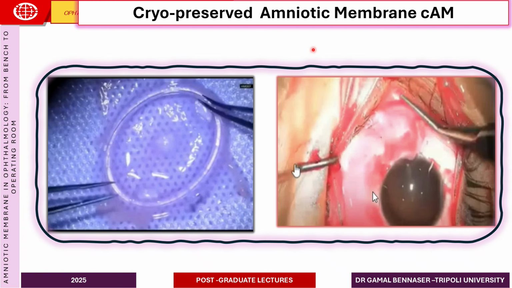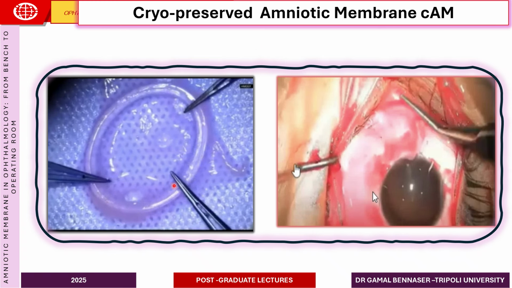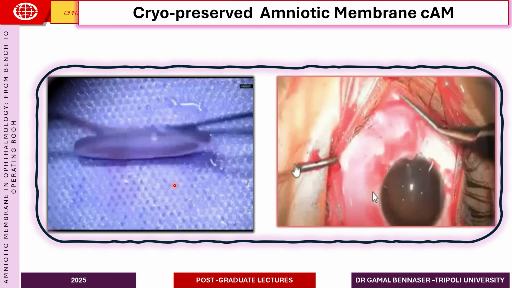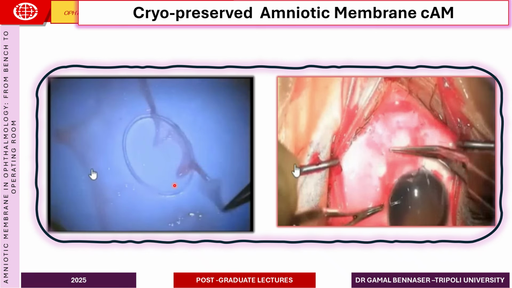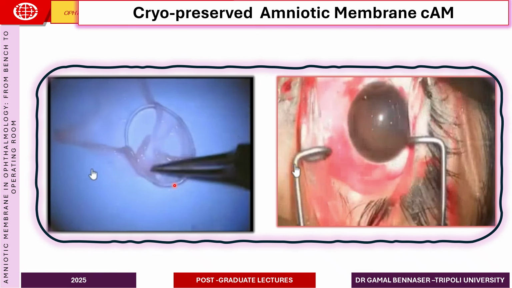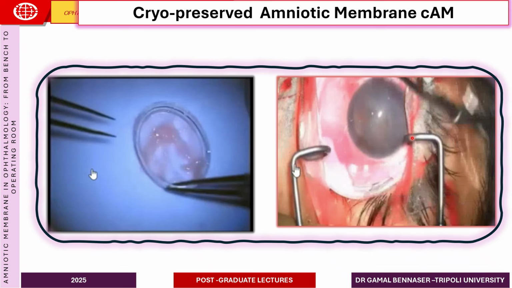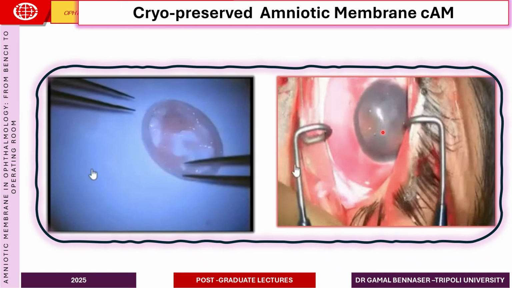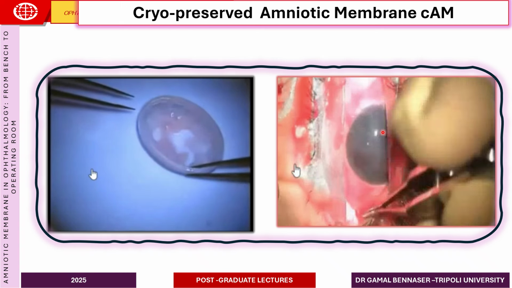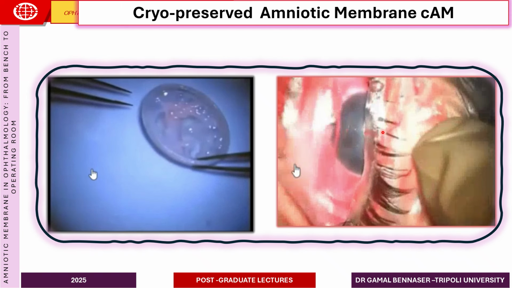You can see here that the amniotic membrane is customized to this ring, and it is very easily fitted with another ring placed on it, and the extra membrane is brought to the center like this. As you can see in this procedure, it is placed over the ocular surface, and this ring is meant to separate the lids and prevent symblepharon and adhesion between the lid and the conjunctiva. So this is a demonstration of how the Prokera rings are prepared.